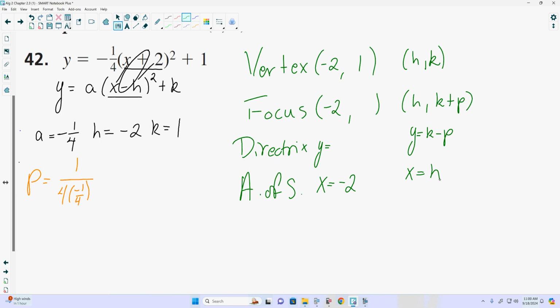On the test, I'd say this is worth 9 points. 1 for doing it, 1 for the x, y value, so 2 parts of the vertex, because we have -2, 1. Focus has 2 points, -2, and the value we haven't found yet. Directrix, I still give it 2 points, 1 because we have to have y equals and our number.